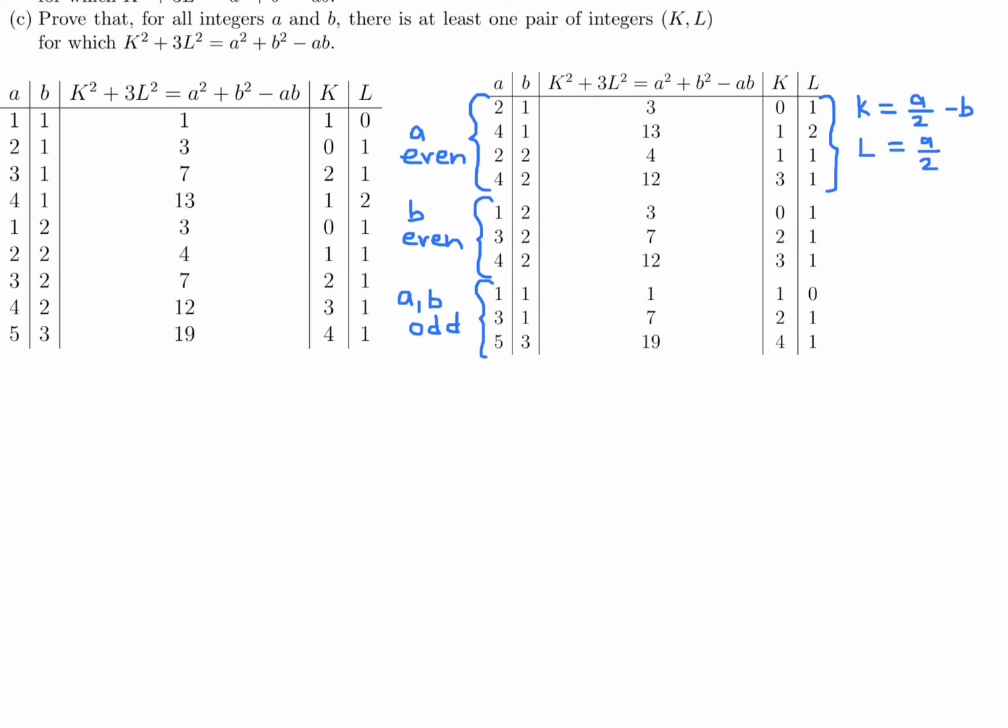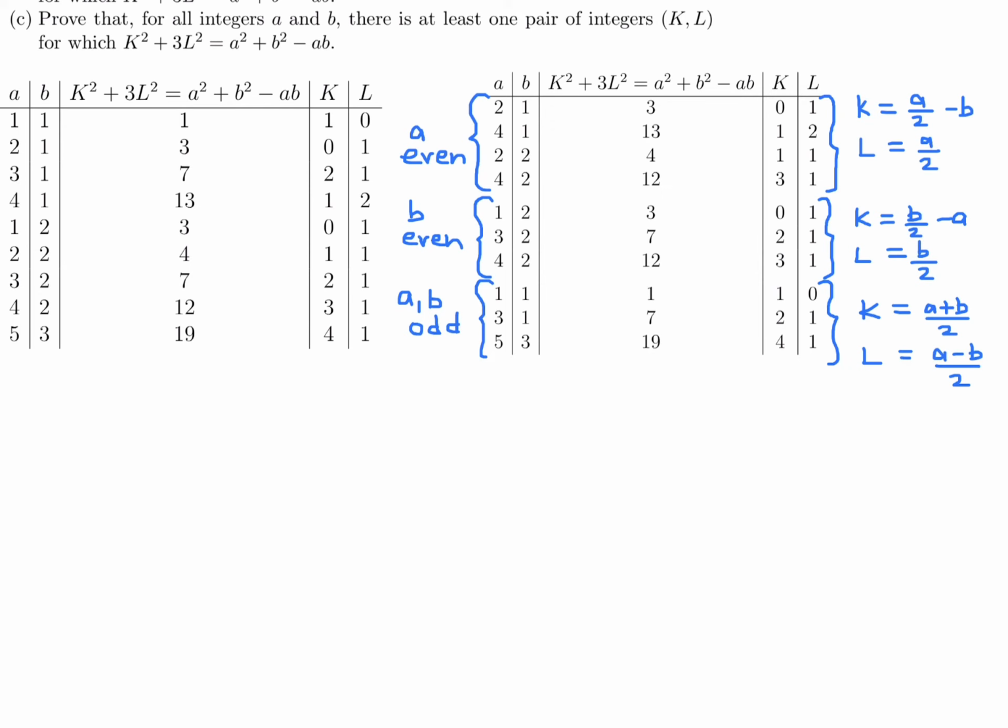And you can verify that from these numbers. When b is even, k will be b over 2 minus a, and l will be just b over 2. And in the final scenario where both of them are odd, k will be (a plus b) over 2, and l will be (a minus b) over 2.